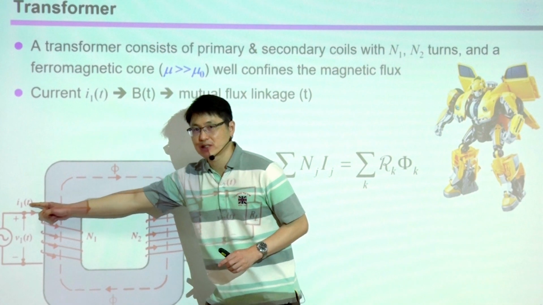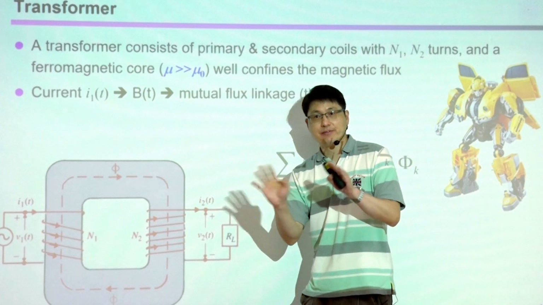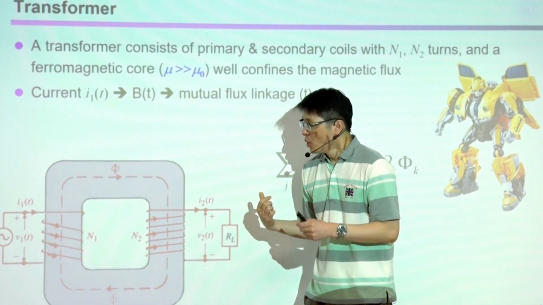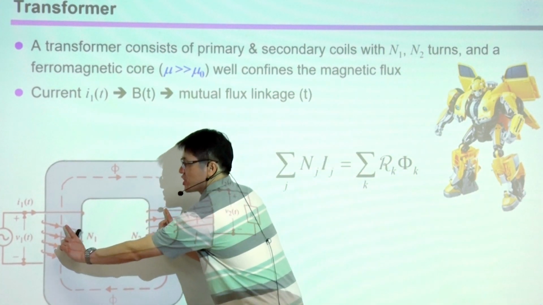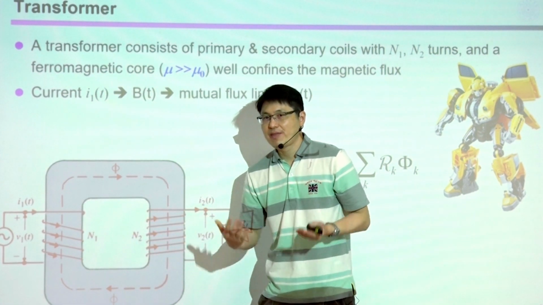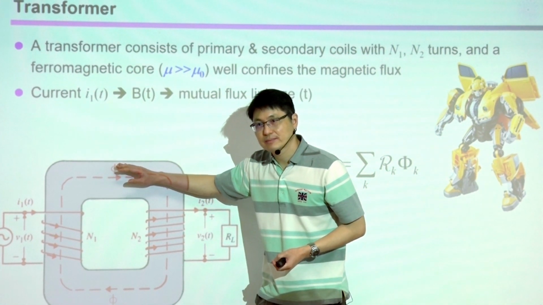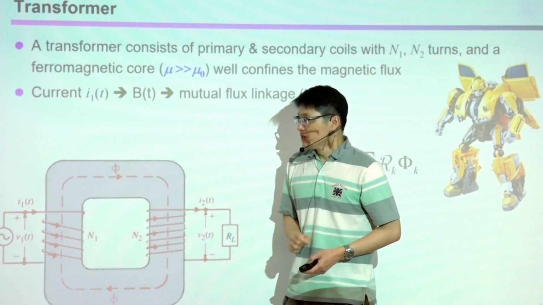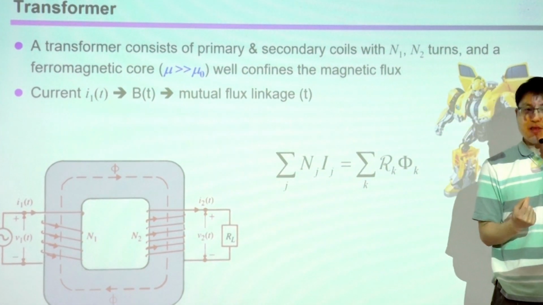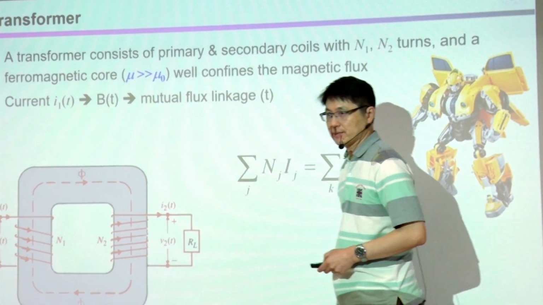If this is cosine omega t, this is also cosine omega t, they have no phase difference. And they have no difference in the direction, right? They have both positive. When they are in phase, they generate field lines both upwards. What does that mean? That means the field lines actually cancel out, right? So these two current sources are viewed to counteract each other in the current configuration due to this winding directions.